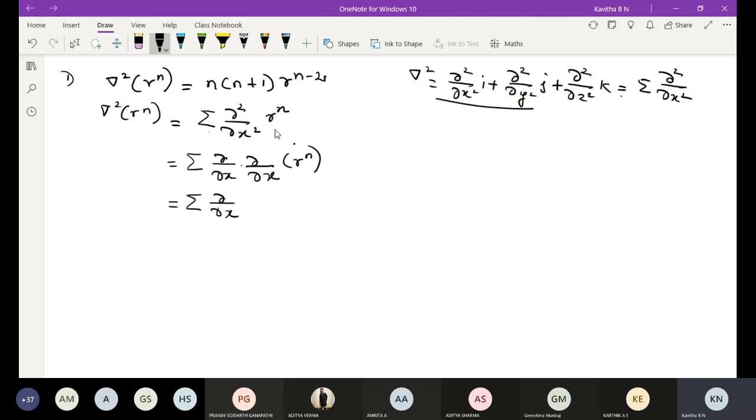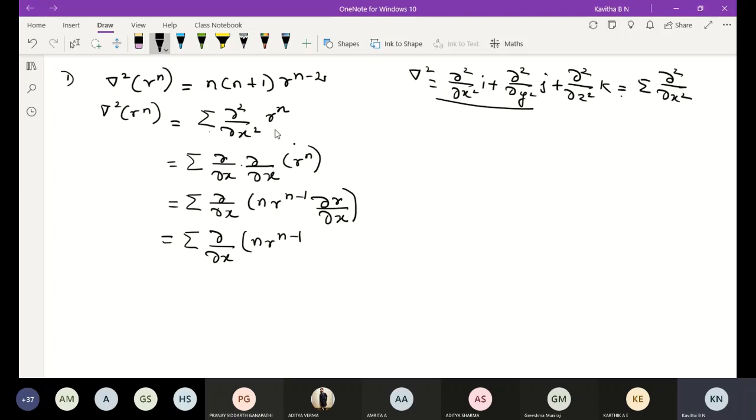Differentiation of r to the power of n is what? n into r to the power of n minus 1 into del r by del x. Then summation of del by del x, then n into r to the power of n minus 1.